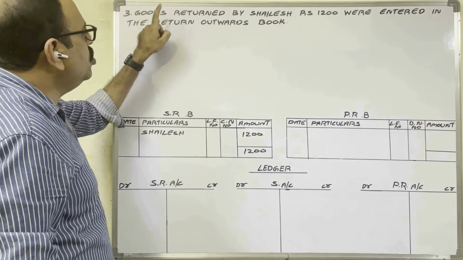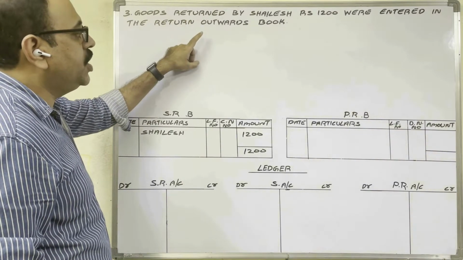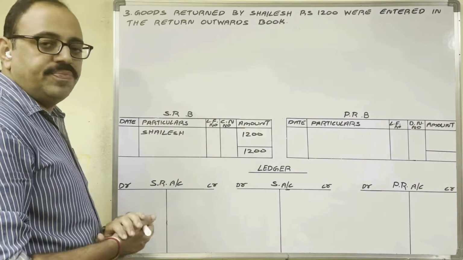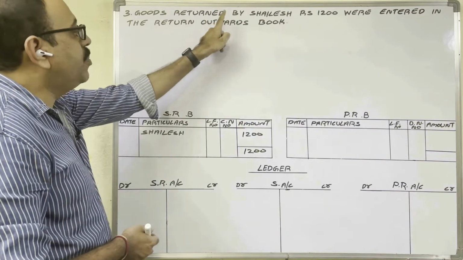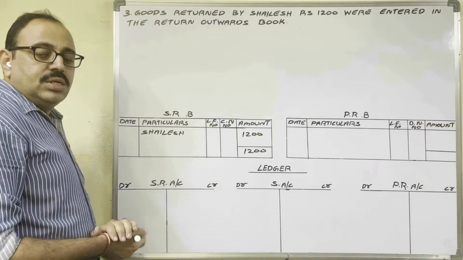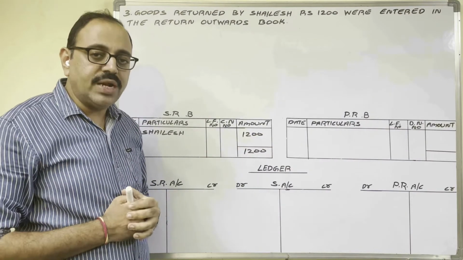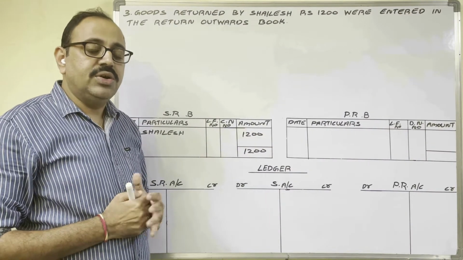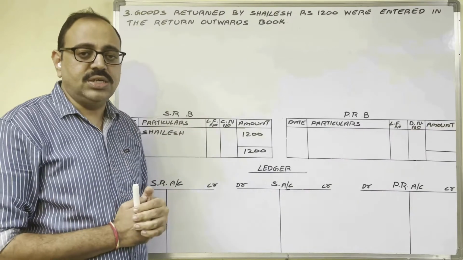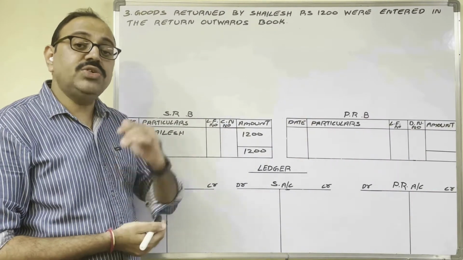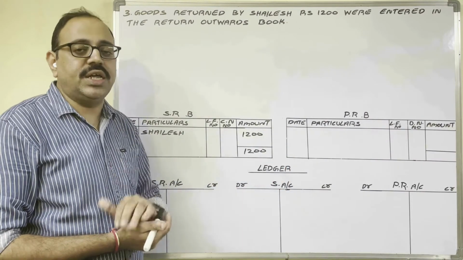Third point, goods returned by Shailesh, 1200 rupees, were entered in the return outwards book. Goods returned by Shailesh. Shailesh is returning the goods to the firm. So we should understand that once the firm sold goods to Shailesh, now he is returning these goods to us. Once we sold, now the customer is returning.